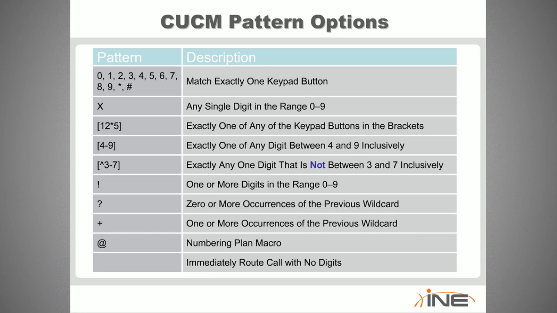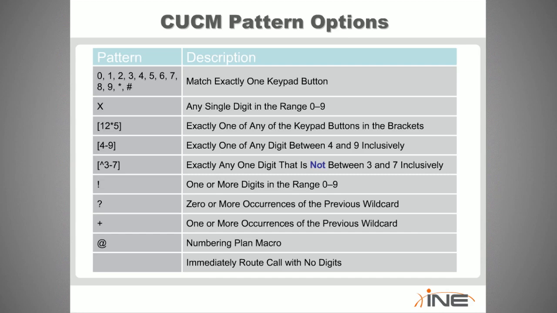We'll be talking more about that tomorrow when we talk about voice translation rules. And that's true in iOS. Although regular expressions to some degree can be used in CUCM, this is not one of the ones that is really being considered a regular expression.